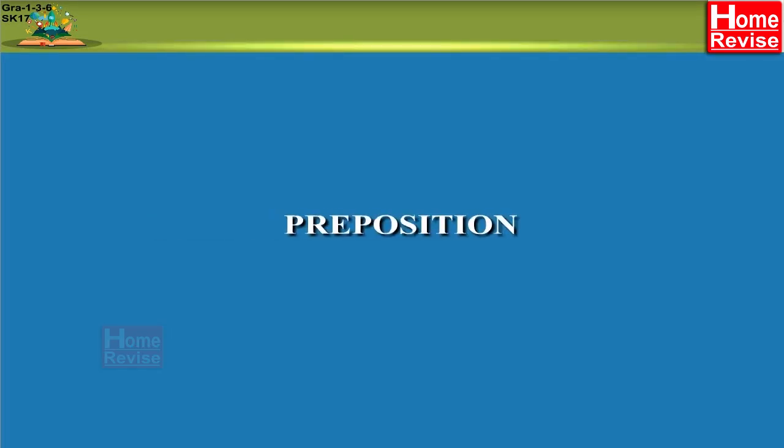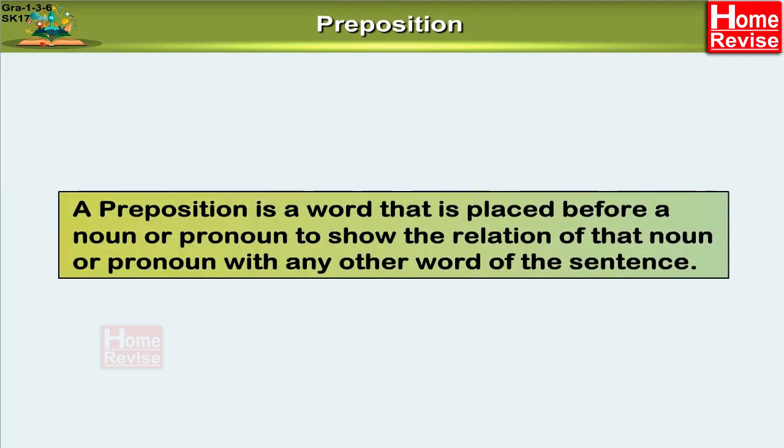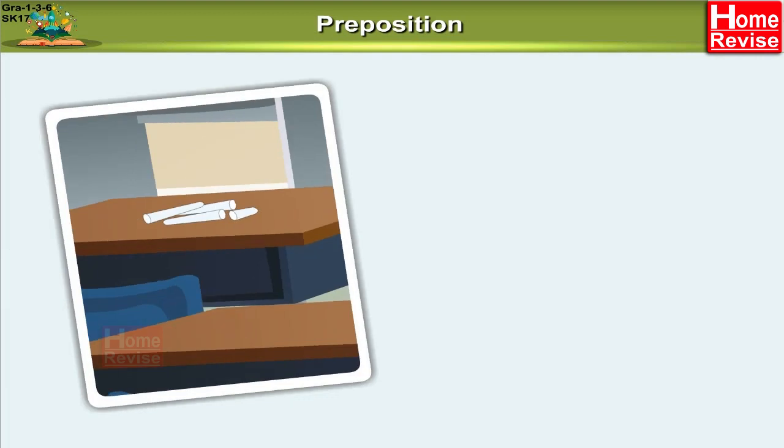Preposition. A preposition is a word that is placed before a noun or pronoun to show the relation of that noun or pronoun with any other word of the sentence. Now read the following sentences. First, the chalk is on the table.